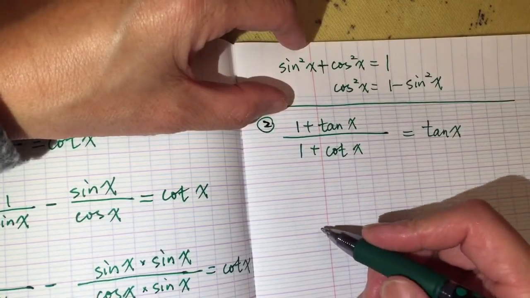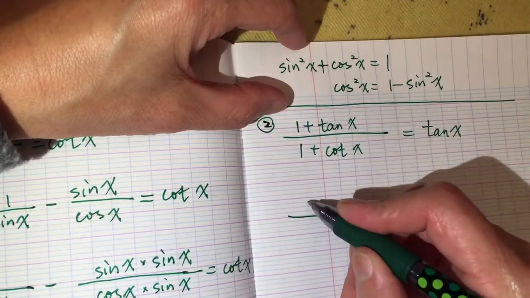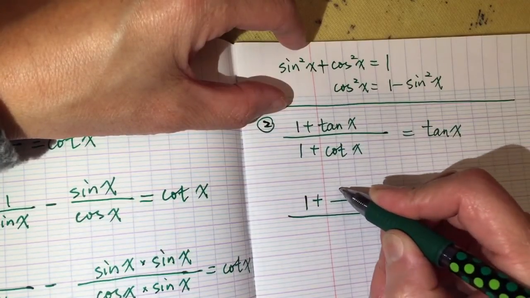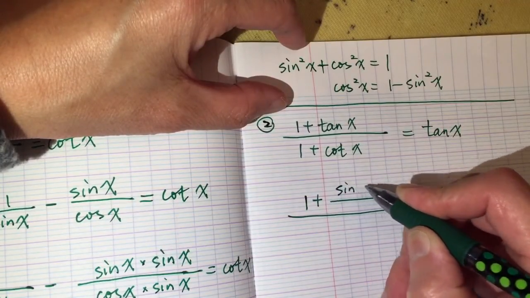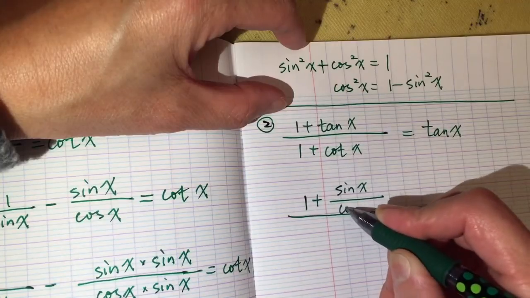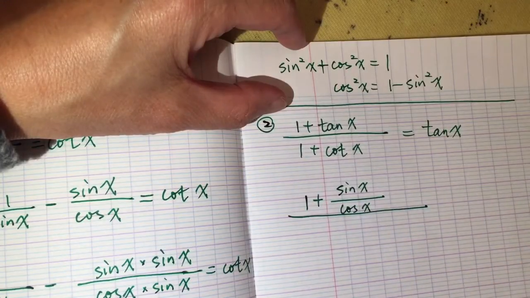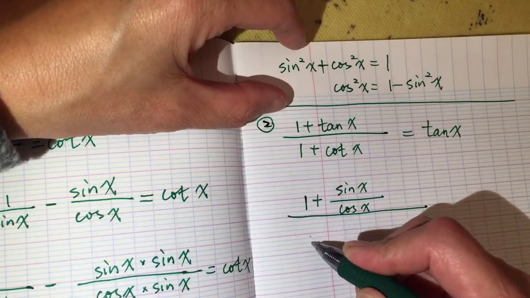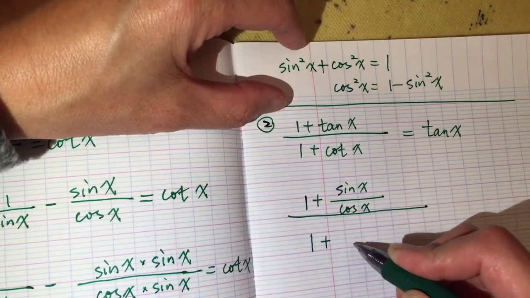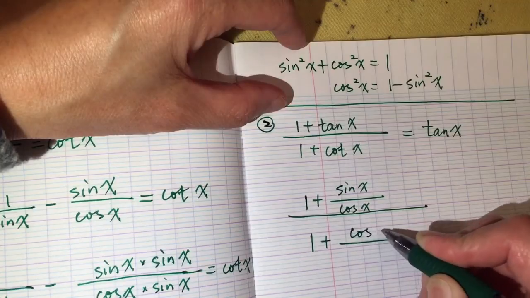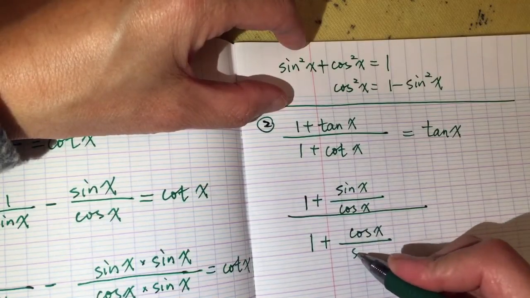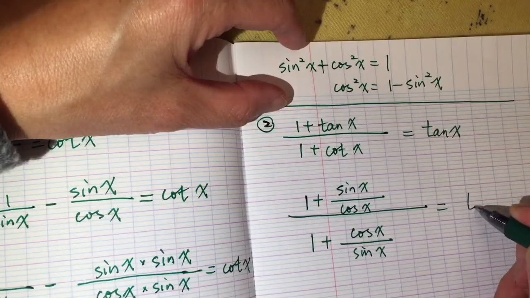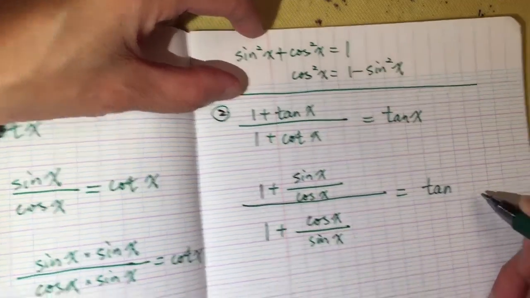On the upper part, we can change into 1 plus sine x over cosine x. And on the bottom part, we can change into 1 plus cosine x over sine x equal to tangent x.